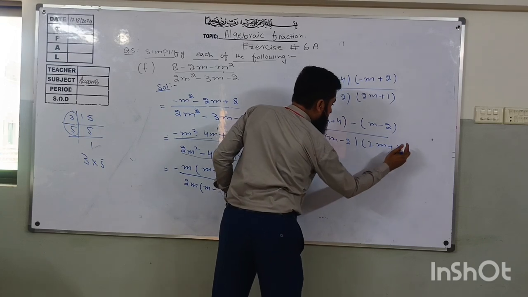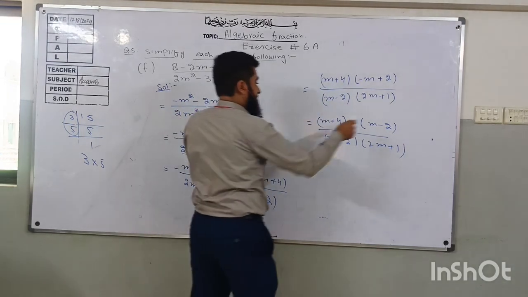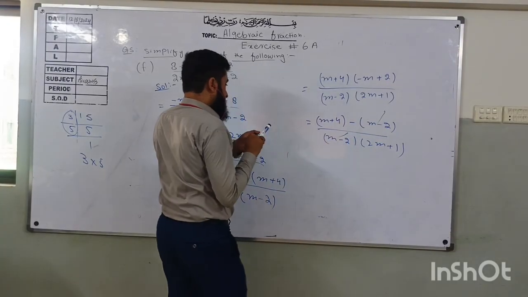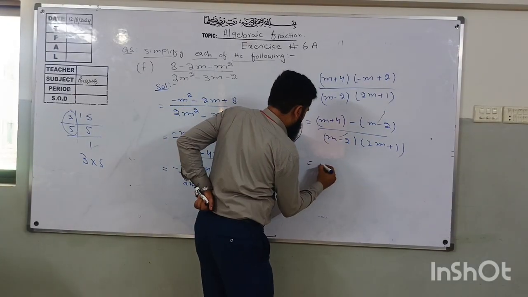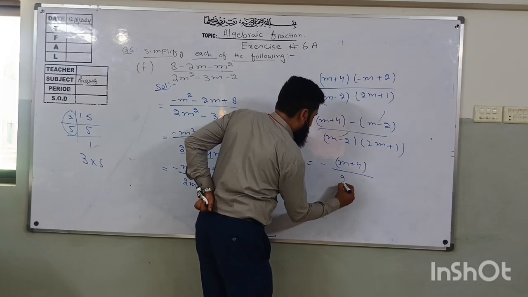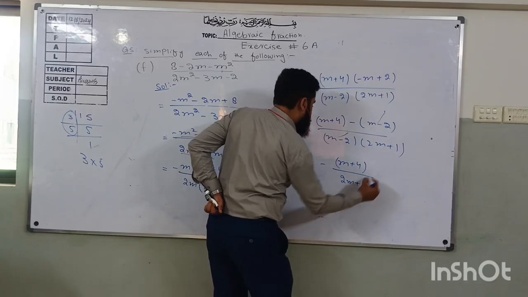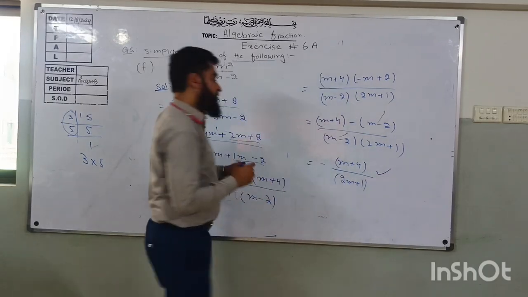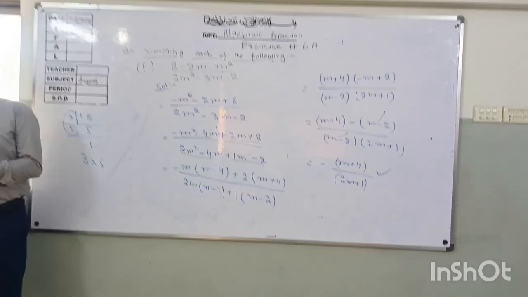So both are cancelled. What is remaining? Minus into m plus 4 upon 2m plus 1. That's our final answer.